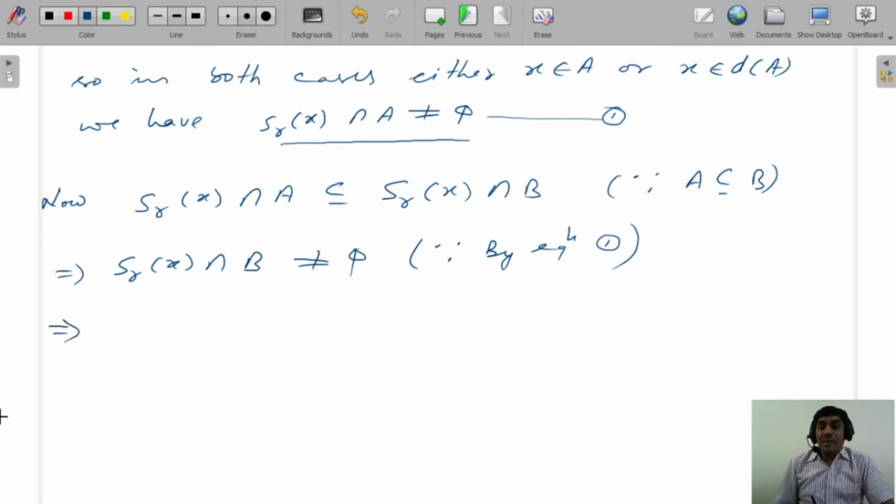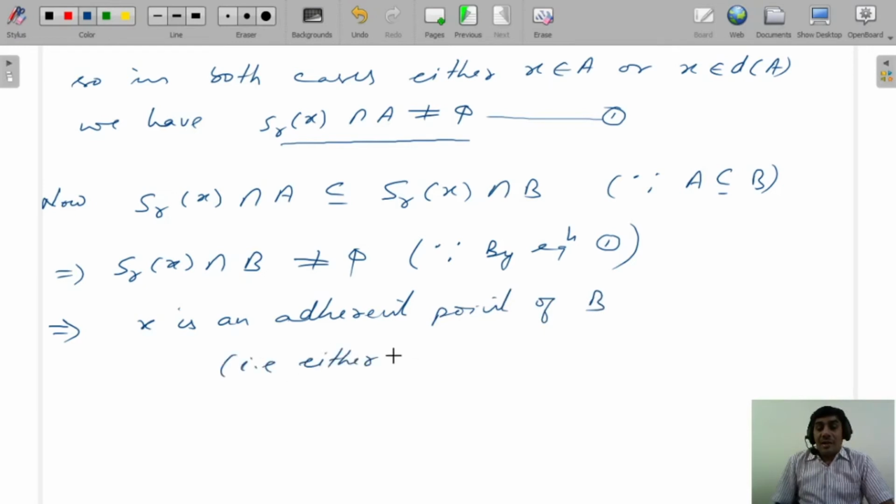This implies x is an adherent point of B, that is, either x belongs to B or x belongs to D of B. This implies x belongs to B union D of B, which is equal to B closure.